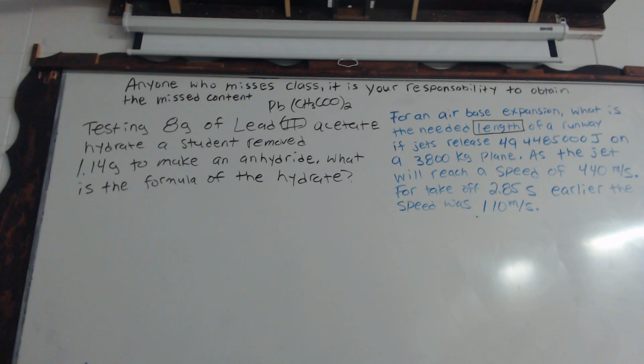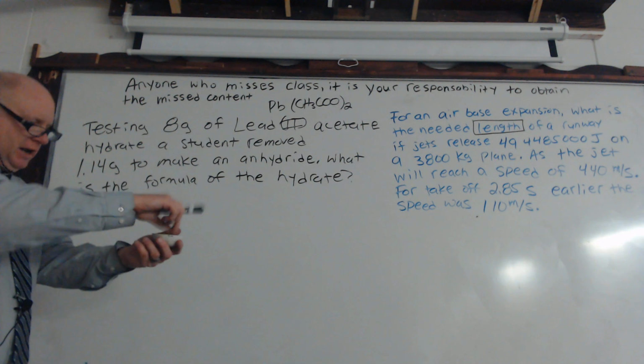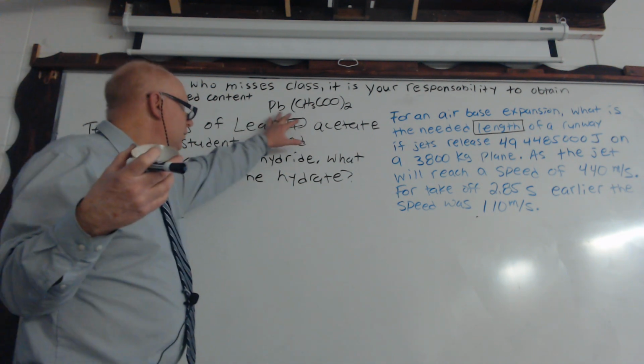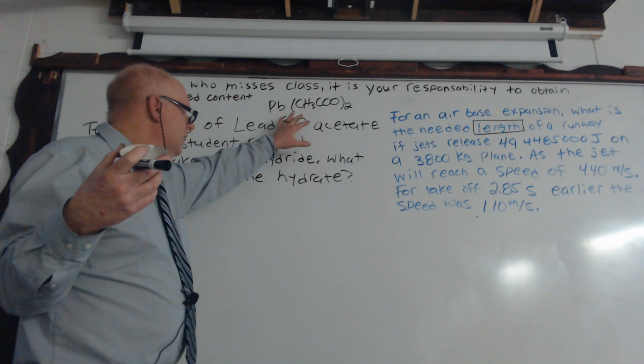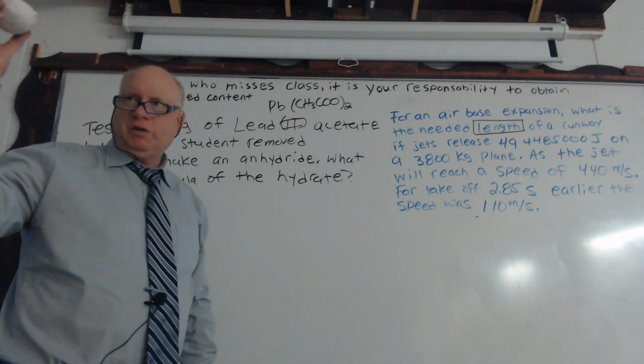Maybe the crucible weighs 10 grams, then you get a total of 18, because what happened is you added 8 grams of hydrate to this lead acetate. So altogether it was 18 grams, but the crucible was 10.